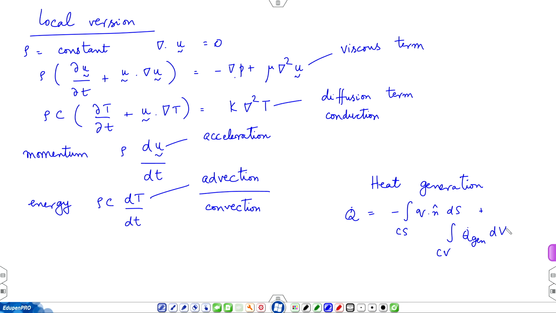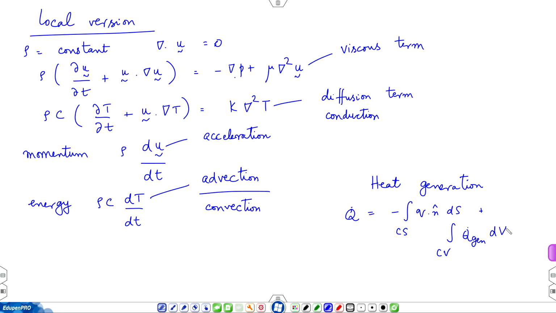So, Q generation could be due to, let us say, setting of the cement. You have applied cement and it is drying up, its temperature goes up because of chemical reactions happening inside. There could be other factors also. There could be combustion taking place, which is a kind of chemical reaction leading to this generation term. Similarly, the reaction can be exothermic or endothermic, that will change the sign of this Q gen.